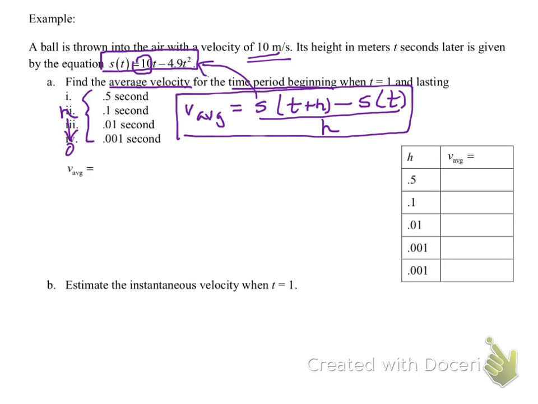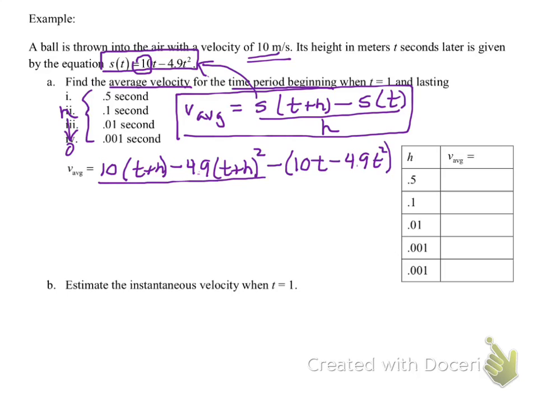So, if we plug that function in, then we have 10 times t plus h minus 4.9 times t plus h quantity squared, and then minus s of t, which is 10t minus 4.9 t squared. And then all of that is divided by h.